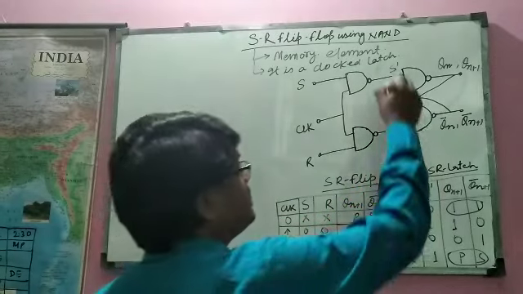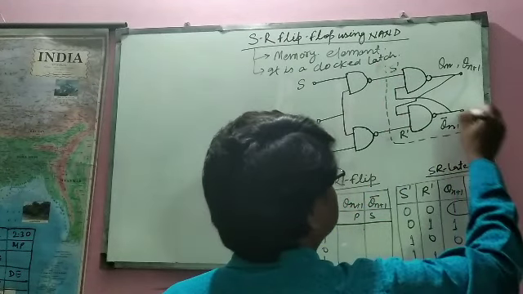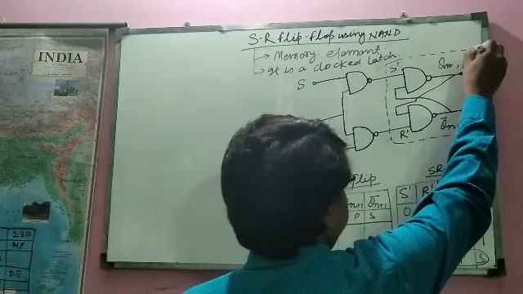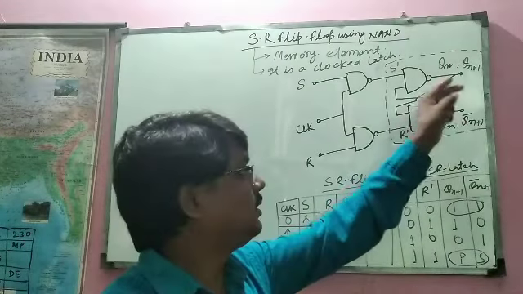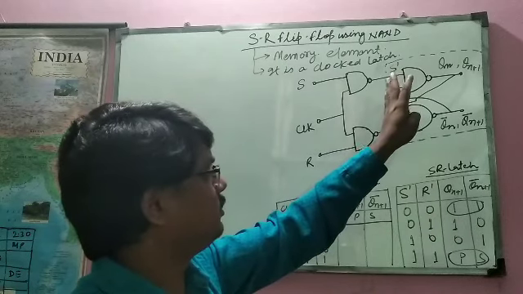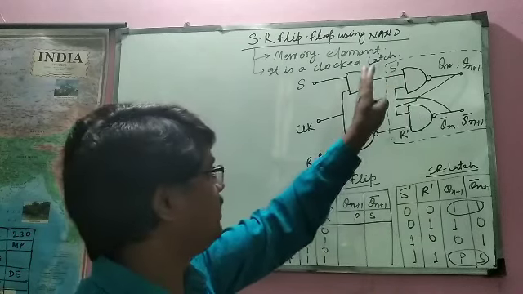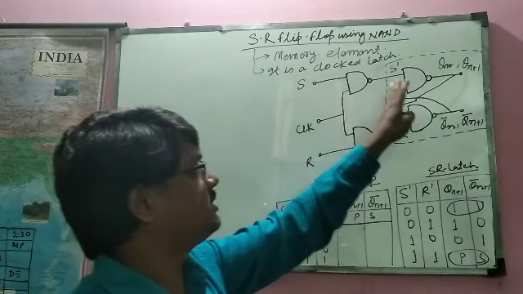Up to this point, this is the SR latch. In the previous class we learned this, and just to distinguish between the input of this latch and this flip flop, I have changed the labels.